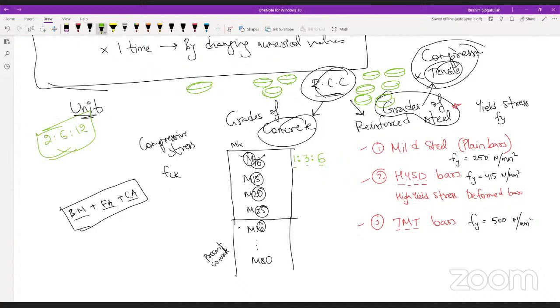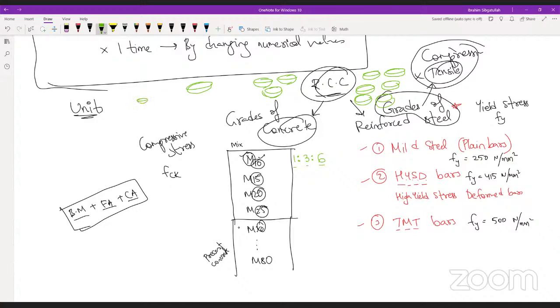Okay, so depending on how much quantity of M10 concrete is needed, we will pour that many number of bowls of sand, bowls of coarse aggregate, stone and cement. Usually what we do is we calculate it as per a bag of cement.